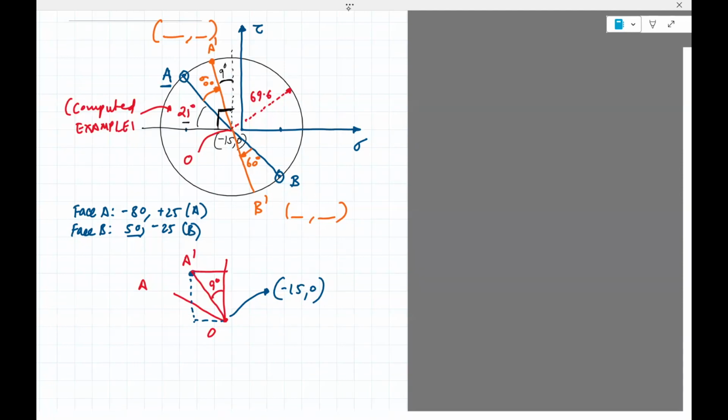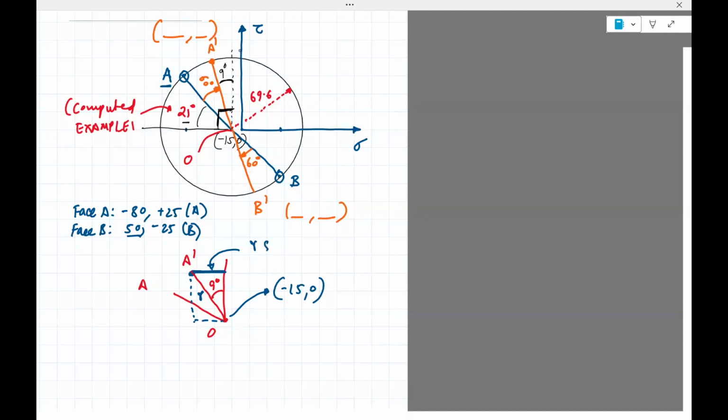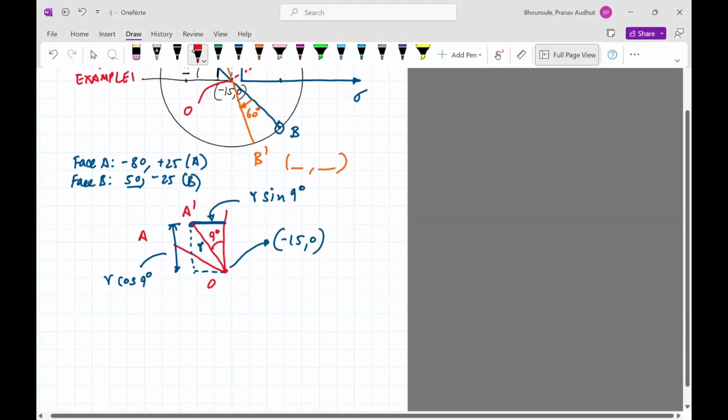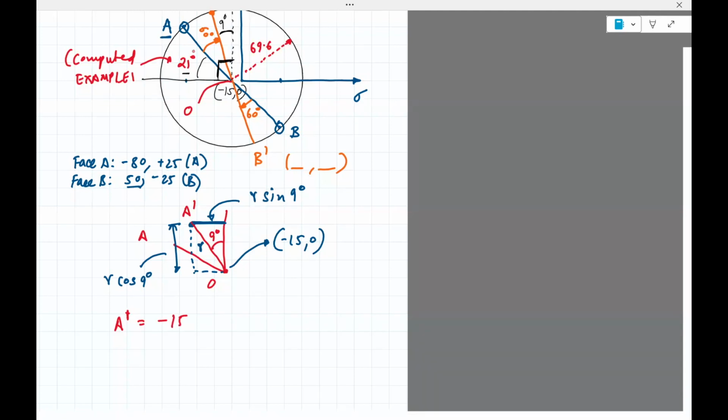So we're interested in this distance. Since this is R, this distance here should be R sine of 9 degrees. And then this distance should be R cosine of 9 degrees. So it's easy to see that from the fact that O is minus 15, the coordinates of A prime would be minus 15, this is the x coordinate, minus this distance.